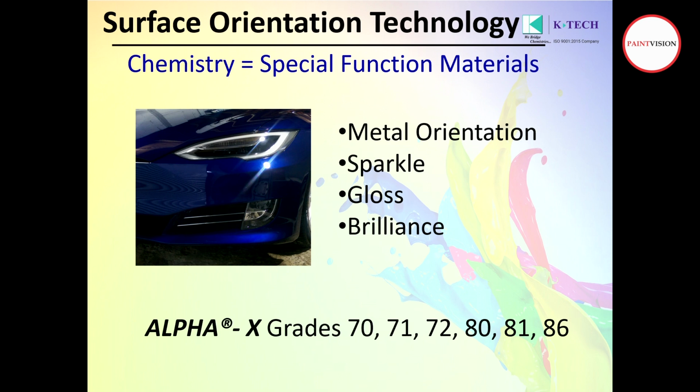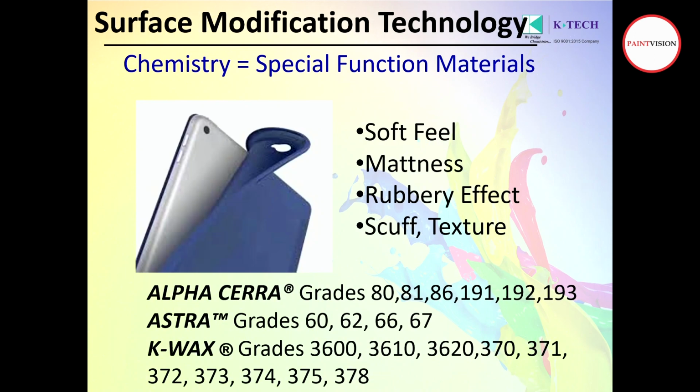These are air release product grades. Degas, Alpha Cera to improve the metal orientation of any metallic pigments. These are soft feel for mobile covers and for technologies based on plastic coatings. So we give different additives accordingly to give that mattness, that rubbery effect.